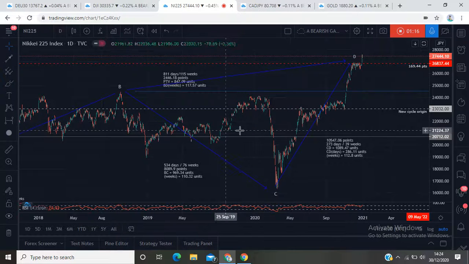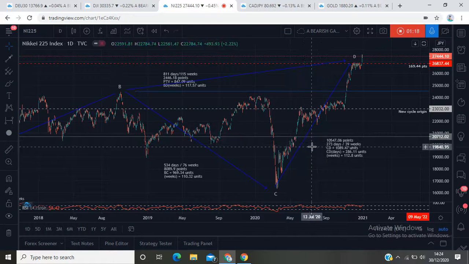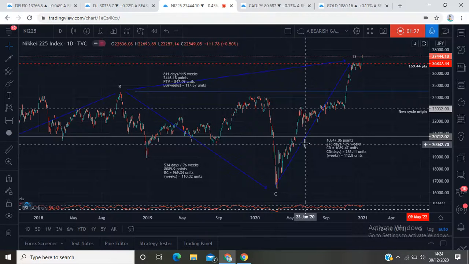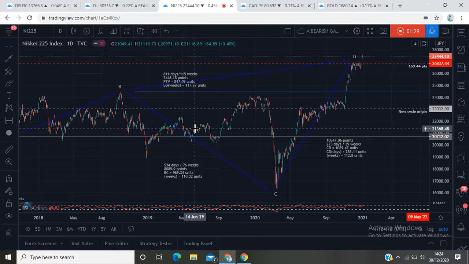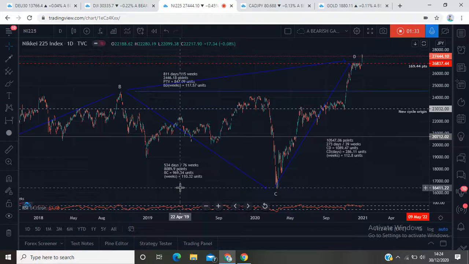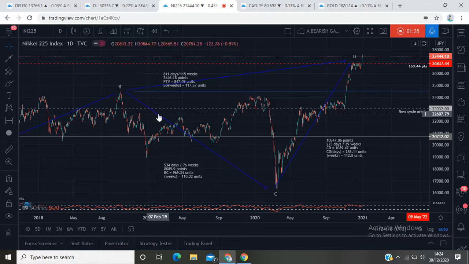Now, in any wave, if we can measure the wave exactly, then we can make proof to whatever we claim. So here in the swing from B to C, we measured it in weeks.